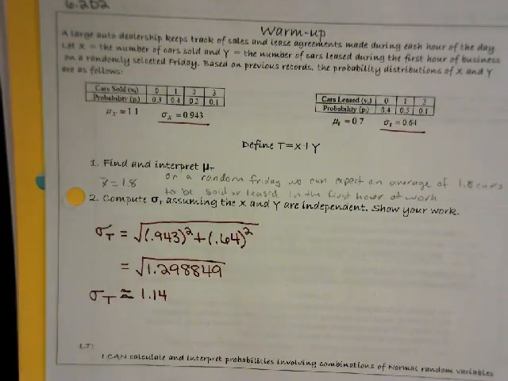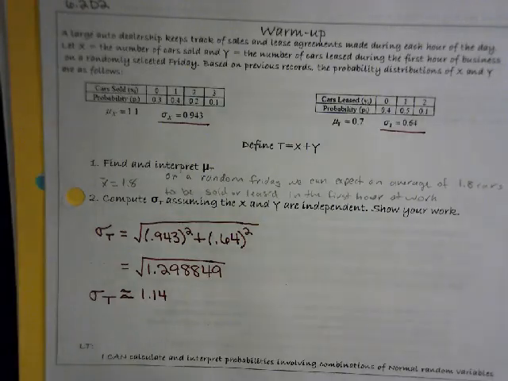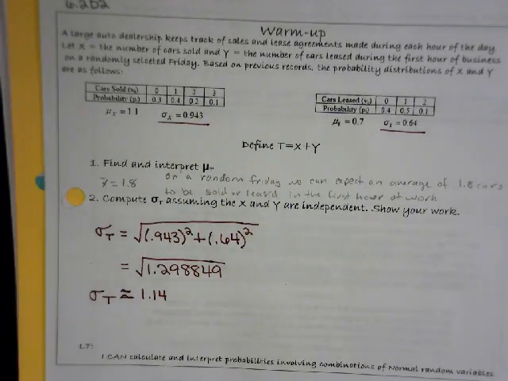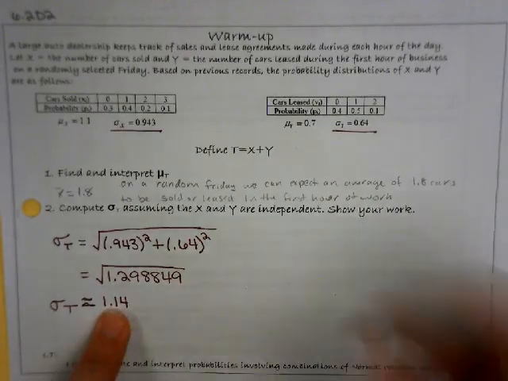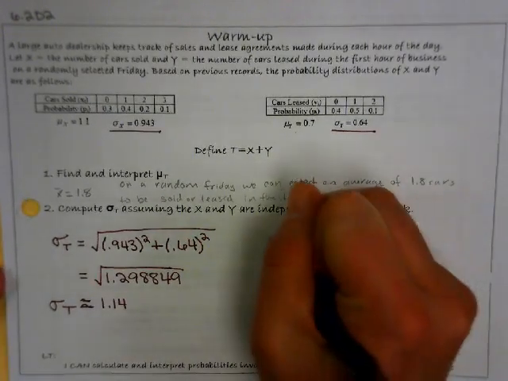And how do we interpret standard deviation? What does standard deviation tell us? Deviations away from the mean. It tells us how far we are from the mean on average. Z-scores tell us how many standard deviations away. This just tells us how far away from the mean we would be.